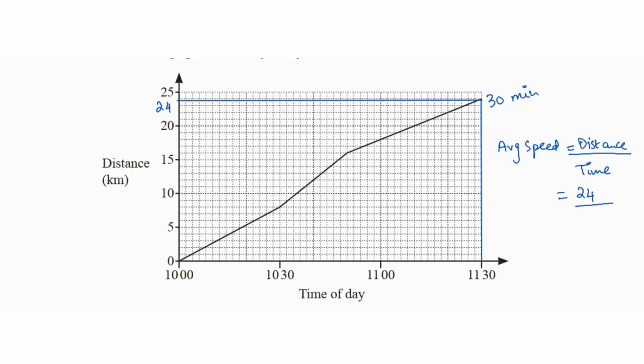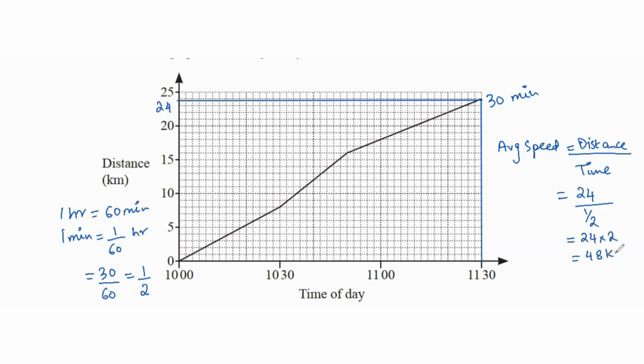We know that 1 hour is 60 minutes. So 1 minute is going to be 1 over 60 hours. So for 30 minutes, we'll do 30 over 60, which is 1 over 2. So 24 divided by 1 over 2 is basically 24 times 2. And that is 48 kilometers per hour.